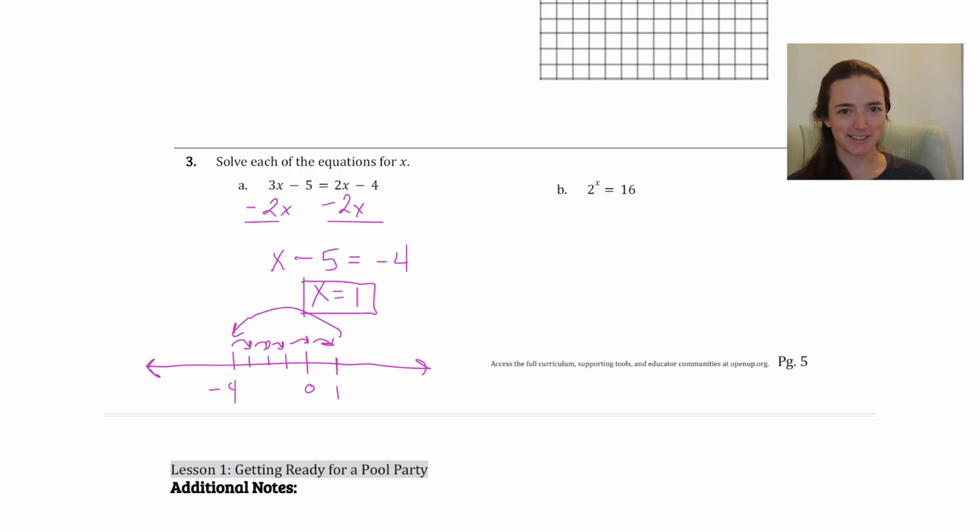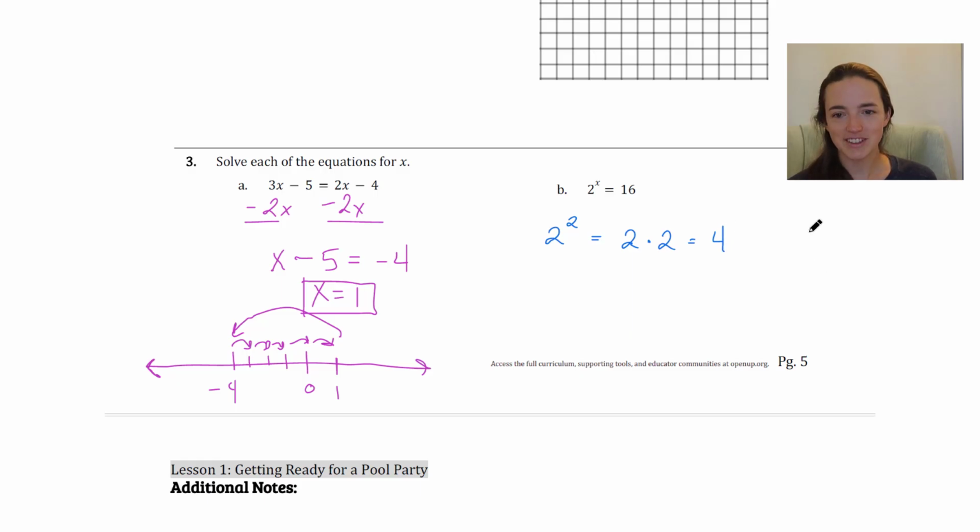Okay, next one's a little easier. 2 to the x equals 16. So 2 raised to something gives me 16. I'm just going to do a little guess and check here. I know it's not 2 to the 2, but let's just start with that. 2 raised to the 2 is the same as 2 times 2, which is 4.